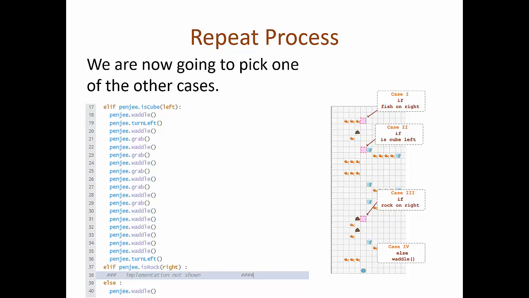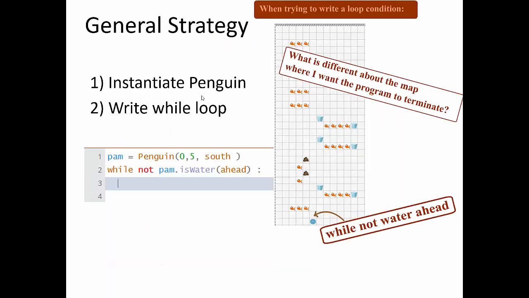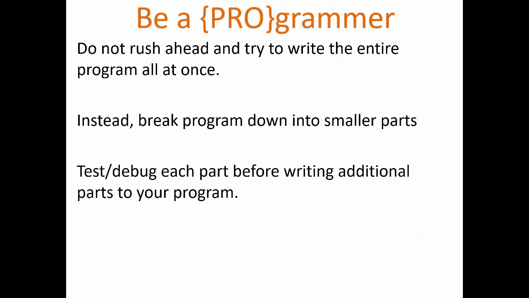All right, but that is the general strategy for solving these loops. Let me just go over the big points in this general strategy one last time. Just to summarize, the general strategy for solving this and pretty much all future assignments is to instantiate your penguin, write your while loop by asking yourself what is different about the map where I want to end, and then, very importantly, to be a programmer and not to try to do the entire program all at once, but instead to break it down into smaller parts and test and debug each part before you move on to your other ones.